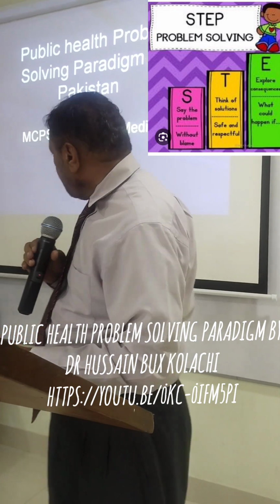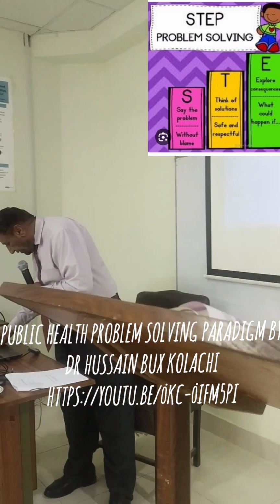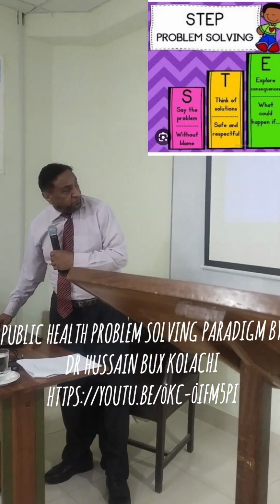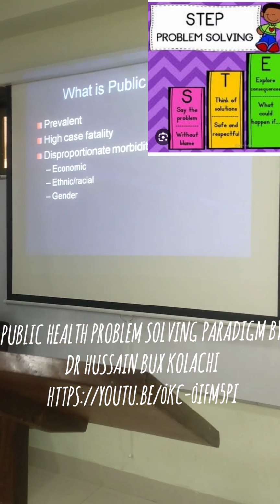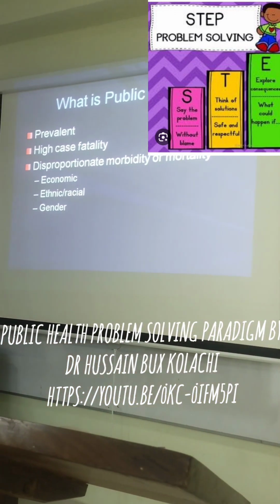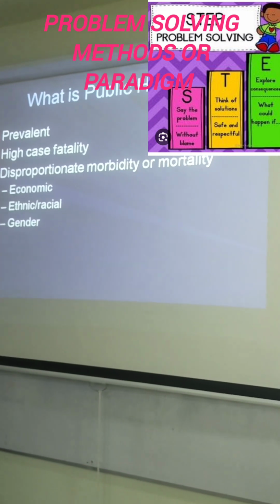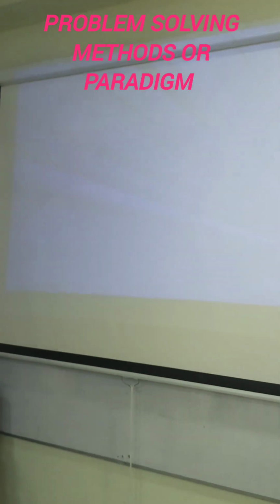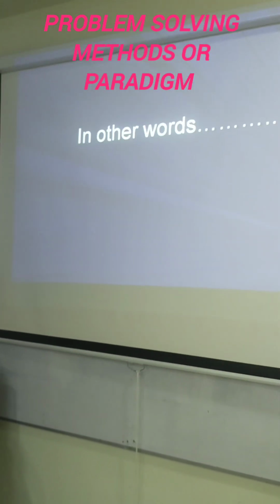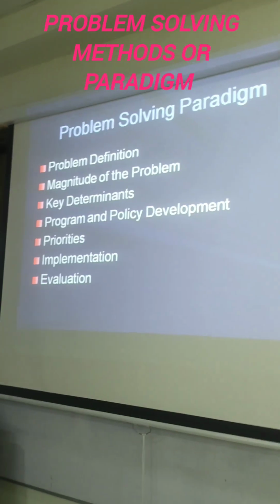Once again, I am going to my slides and showing you some of the material for your benefit. You can see that a public health problem can have economic, ethnic, racial, and gender issues, and these are the subjects.